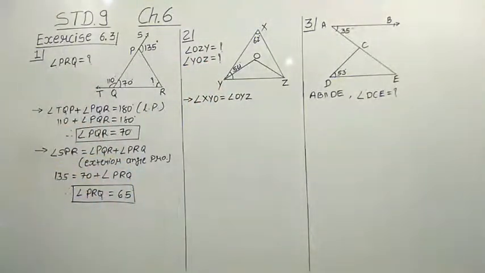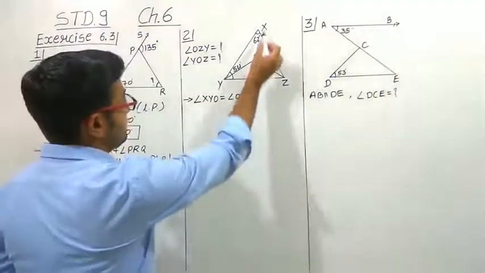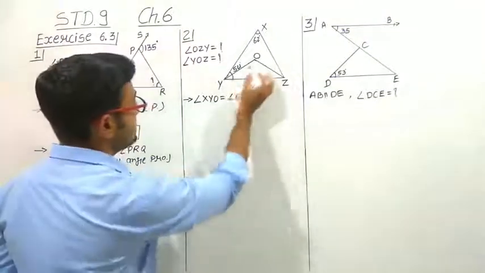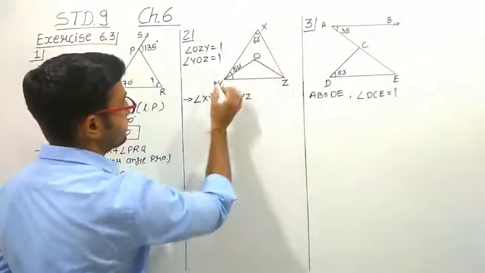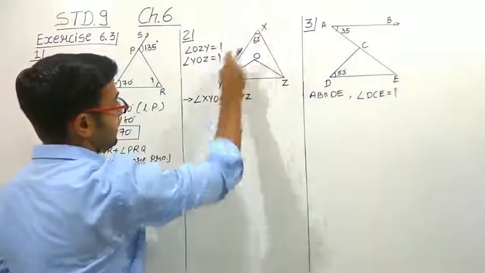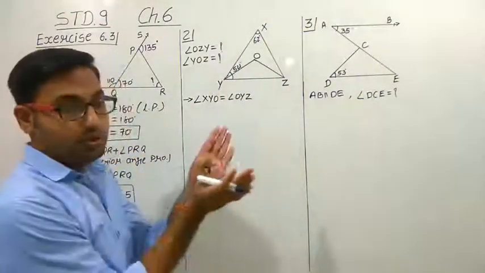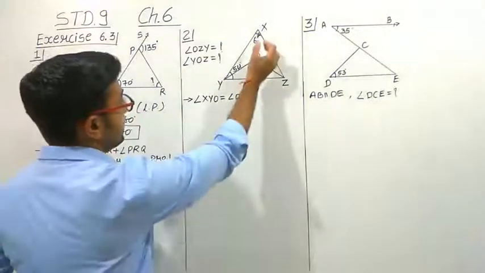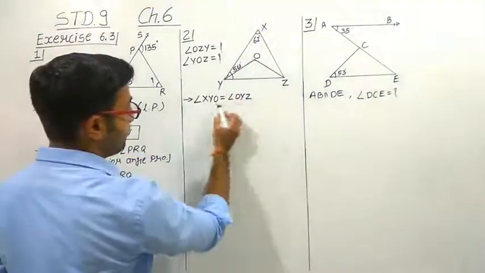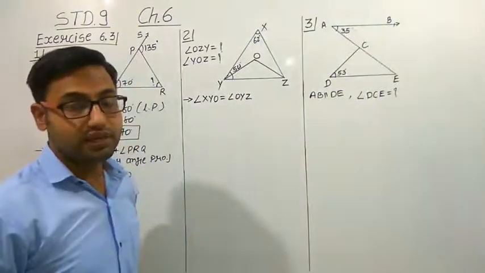See, here we have a triangle XYZ. Now, YO is the angle bisector of XYZ, right? So this angle XYZ is divided into two equal parts: one is angle XYO and the second is OYZ, and both these angles must be equal.